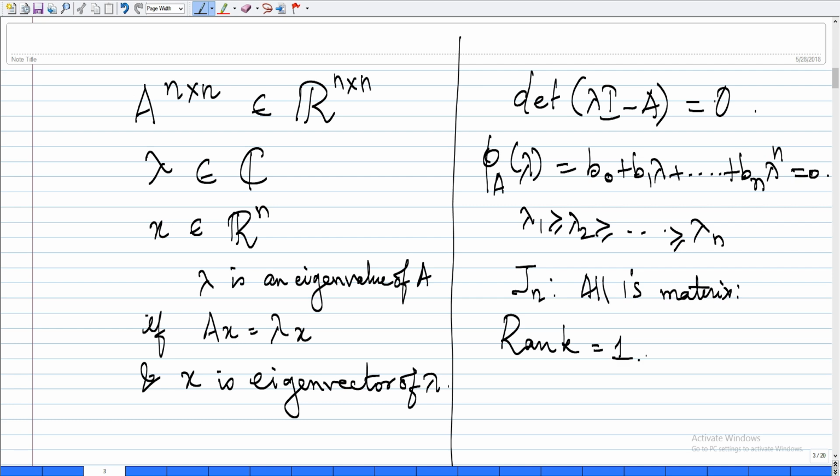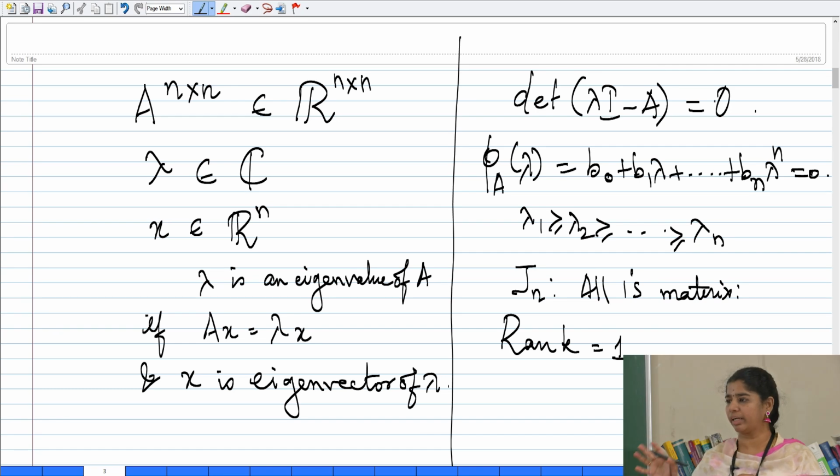Now, what does this tell you about eigenvalues? If you have a little bit of a feel for it, you can immediately guess the eigenvalues. There is only one non-zero eigenvalue for this matrix and everything else is going to be 0. So there are n minus 1 eigenvalues which are 0, and only one eigenvalue which is non-zero.